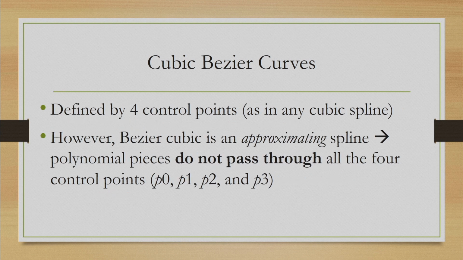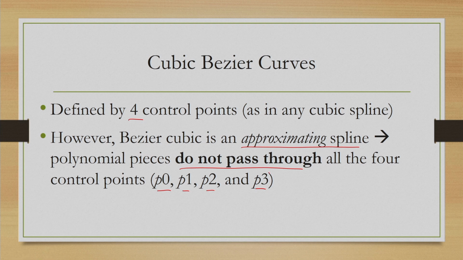Since it is a cubic curve, it is defined by 4 control points as before, but here the difference is that the curve is an approximating spline. That means the polynomial pieces do not pass through all the 4 control points. We can denote these points like before P0, P1, P2 and P3.